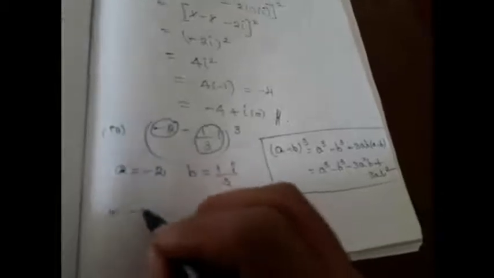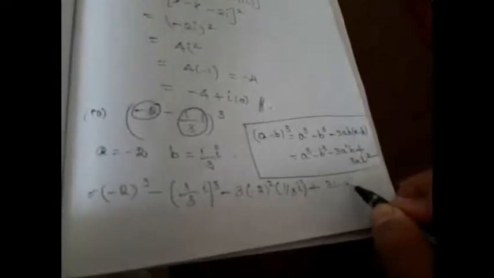So this is equal to a cube, (minus 2) the whole cube, minus b cube, (1 by 3i) the whole cube, minus 3 into a square b, plus 3ab square, (1 by 3i) the whole square. Now if you expand, if you cube it, you will get minus 2 cube is 8, minus 1 by 3 if you cube it, 3 3s are 9, 9 3s are 27 i cube.